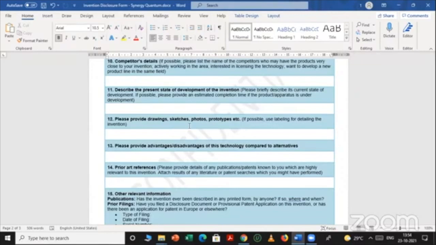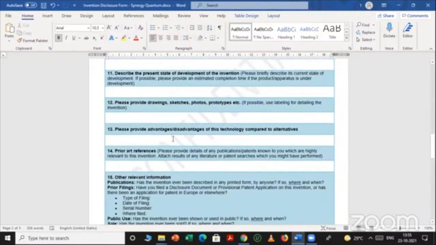So never shy away from providing any diagrams, sketches, and prototypes if you have them. This is going to help the attorney, and it is going to help your invention get granted by the patent office. And obviously, the company or your attorney is going to sign an NDA, a non-disclosure agreement, with you, so you don't have to worry about that part.